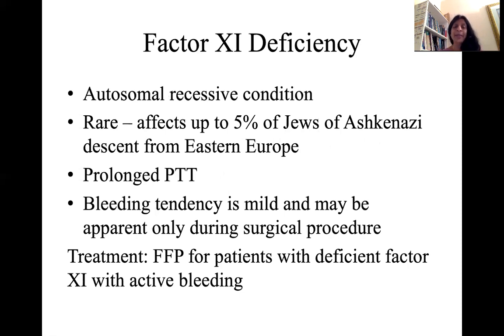Bleeding tendency is mild and may only become obvious during a surgical procedure. Then what you need to do is use fresh frozen plasma for deficient factor 11 with active bleeding. So when there is active bleeding, use fresh frozen plasma as a way to correct.